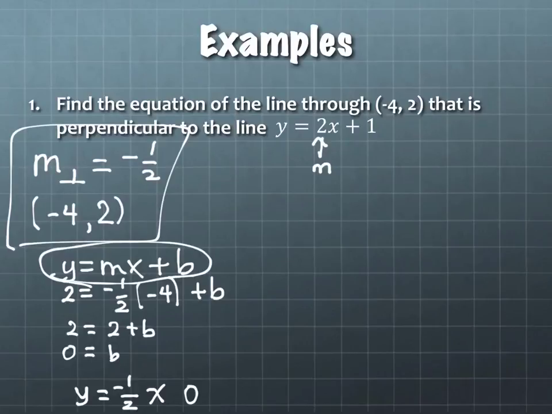That was one specific point, but aren't there infinitely many points along the line? Yeah, I just used that one point to find the b value, and once I found it, when I write my equation, I leave it with x and y in there generally. You don't really need the plus 0 on the end. I'm going to leave it there for the moment just to remind you we did find it, but you certainly wouldn't have to have it written.